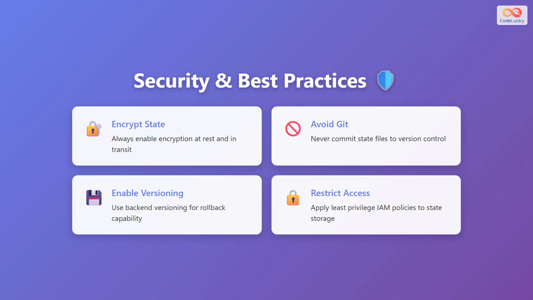This provides rollback capability if something goes wrong. And fourth, restrict access to state files using the principle of least privilege. Apply strict IAM policies, ensuring only authorized team members and services can read or modify the state. Following these practices protects your infrastructure from security breaches and accidental damage.